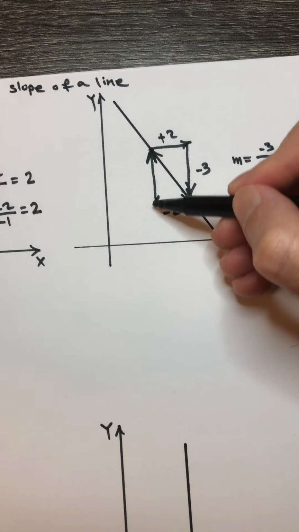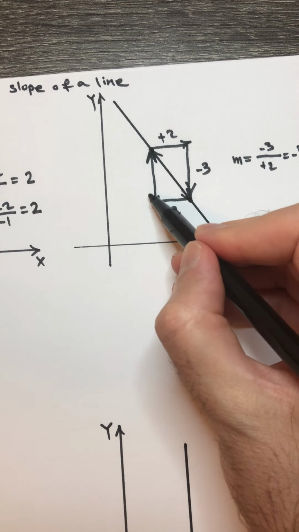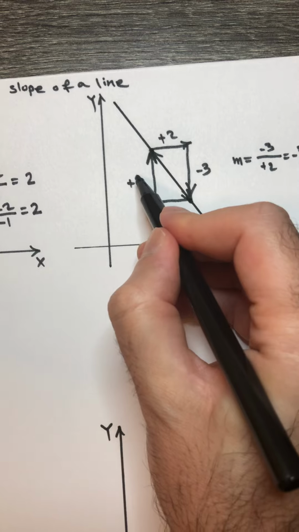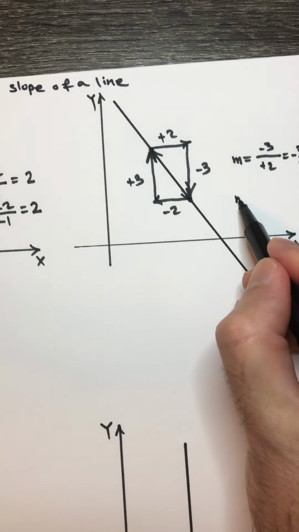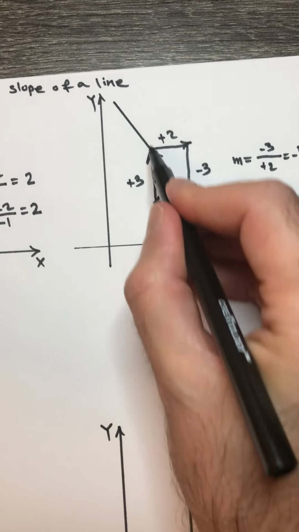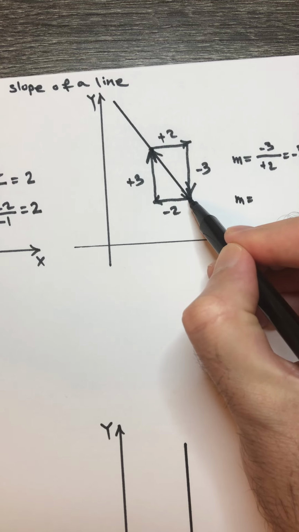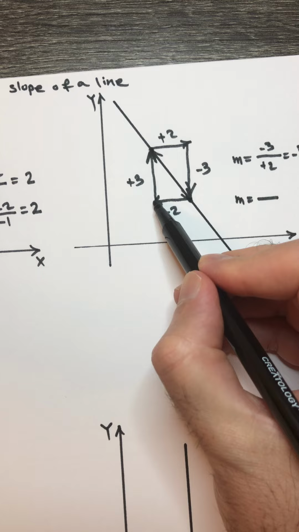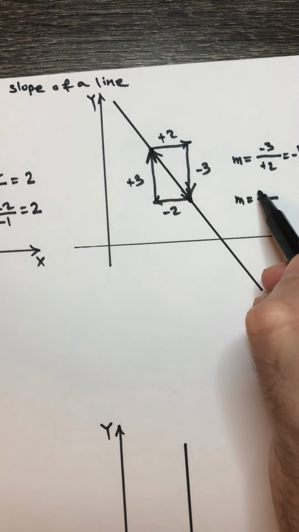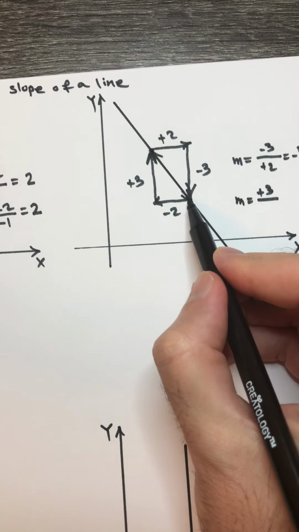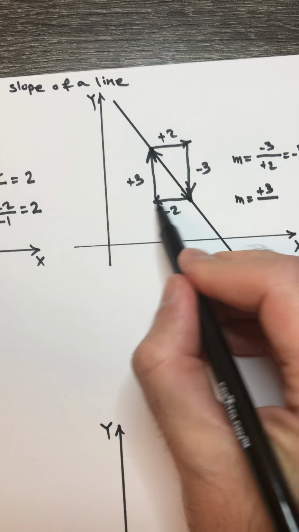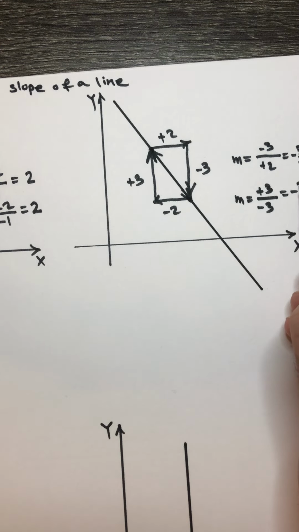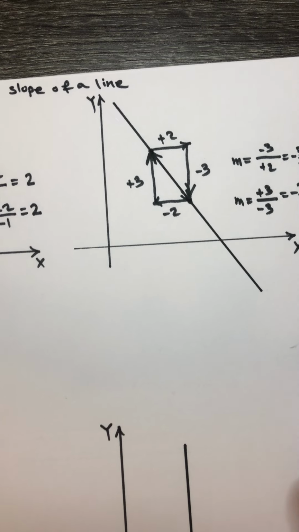And our vertical movement is 3 units, but this time it's upwards, so it is +3. If we write the ratio using this movement, it is the vertical movement, +3, divided by the horizontal movement, -2. And again, we get negative 3 over 2.